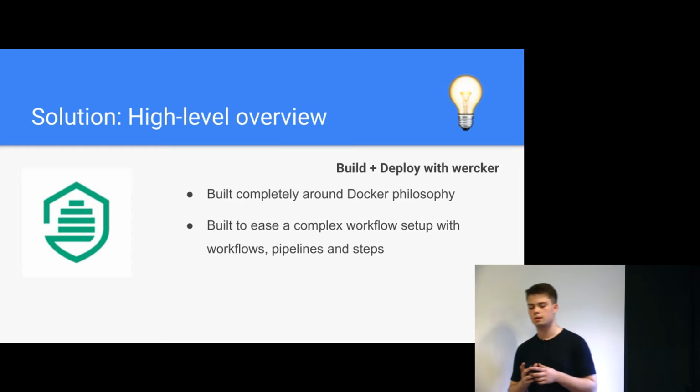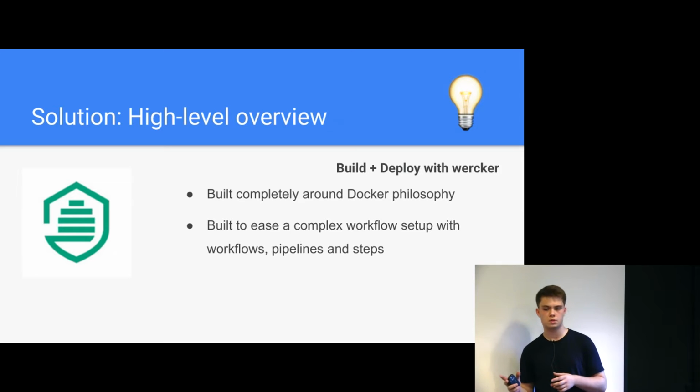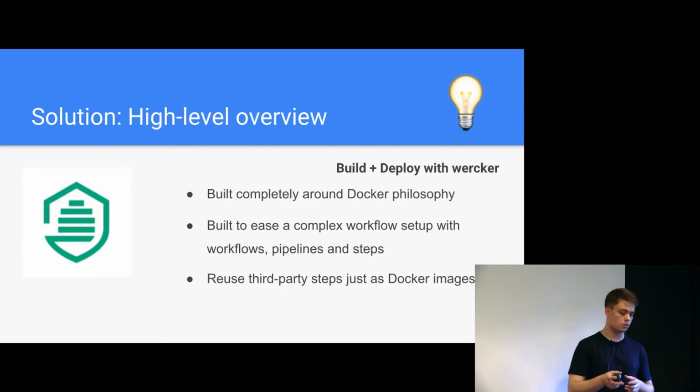It introduces its own level of abstraction over the deployment process. These things are called workflows, pipelines, and steps. I'll show later what this means, but it's a great thing.